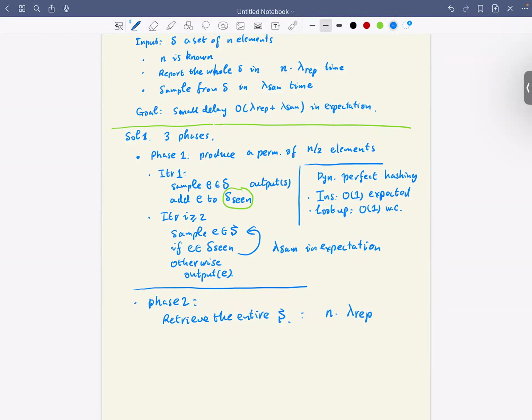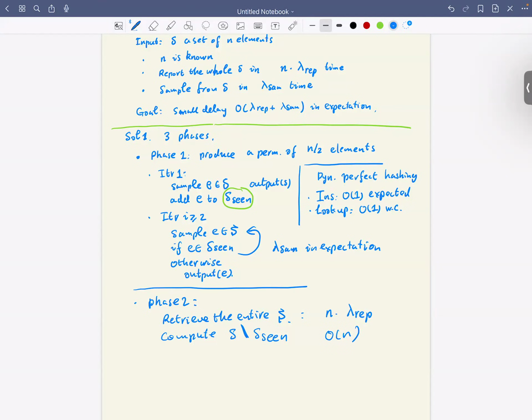However, I will compute S minus S seen. In English, this is saying I want to get all those elements that I have not seen. How many of them? Precisely n/2. And since I can do lookup in constant time, the second step of the second phase will take no more than n time.